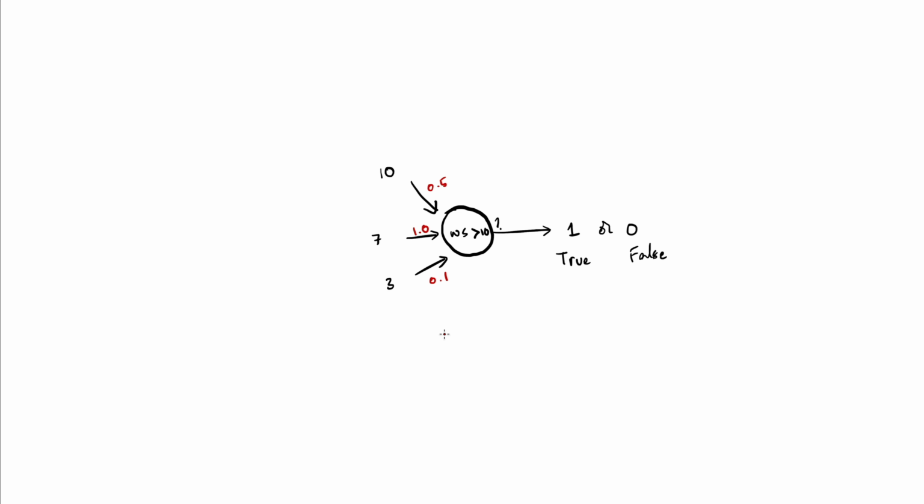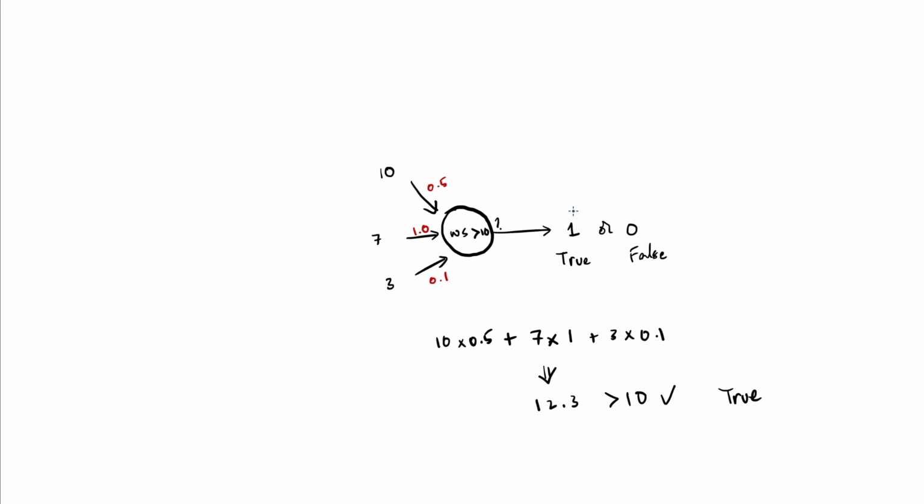Now what is the weighted sum? That is 10 times 0.5 plus 7 times 1 plus 3 times 0.1. Now the weighted sum is 12.3, which is greater than 10, so it is true.